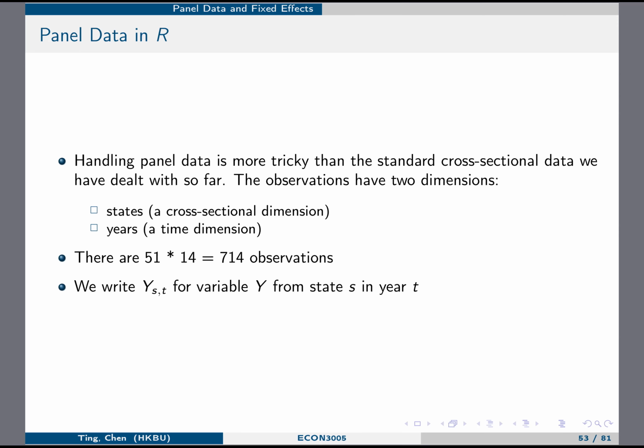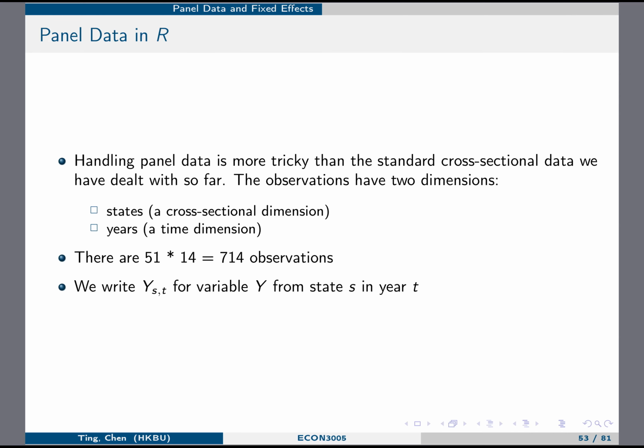So the observations in panel data have two dimensions: the cross-sectional dimension, which in the minimum legal drinking age example would be state, and also the time dimension, which in that example would be year. In total, we have 51 states over 14 years, so we have 714 observations in total for that example.